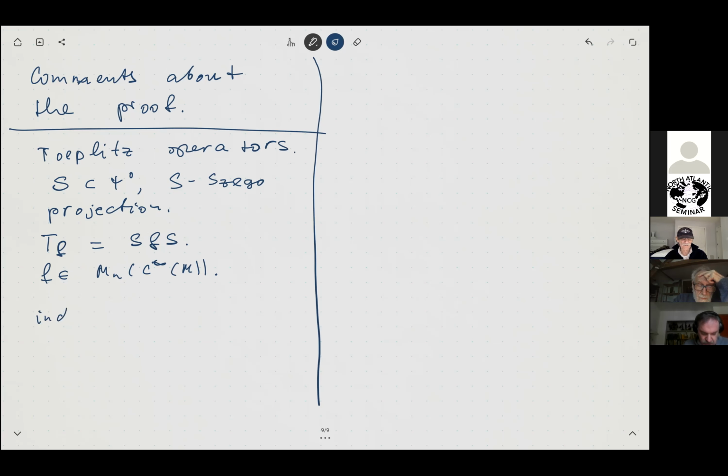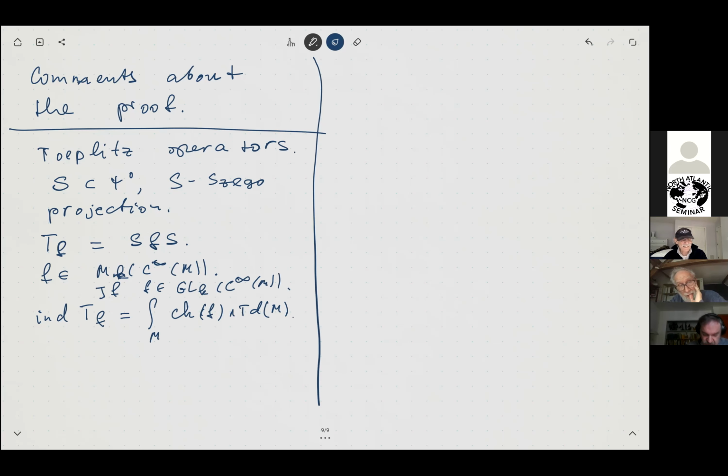And first of all, Toeplitz operators will be Fredholm if F is an invertible matrix. And then its index can be computed by this Boutet de Monvel formula.